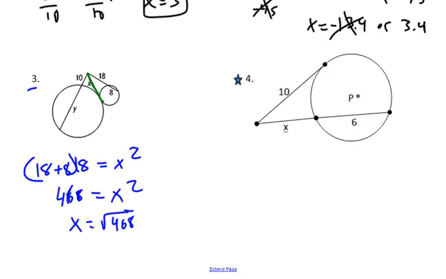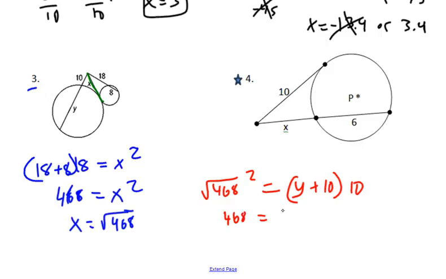You could reduce the radical, but we're going to leave it like that for right now because we can do that with the other one now. We're still dealing with that secant, so x squared, which is the square root of 468 squared, which cancels out the square root, is equal to y plus 10 times the outside one, which is 10. So this would be 468 equals 10y plus 100.